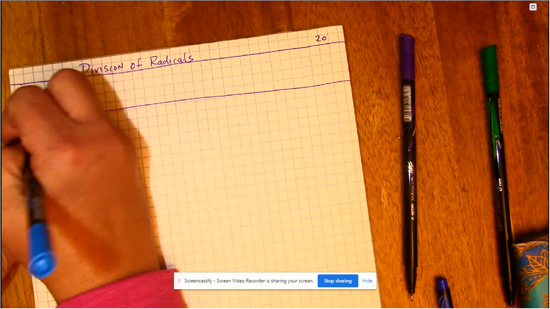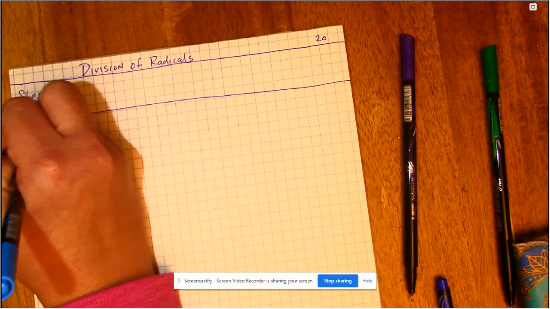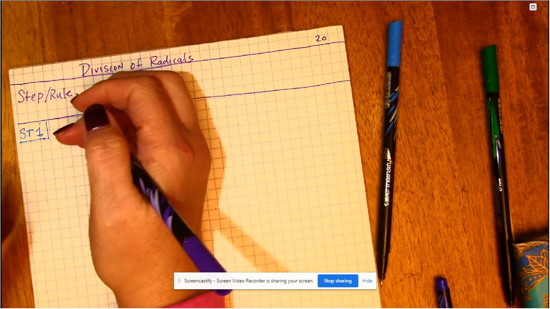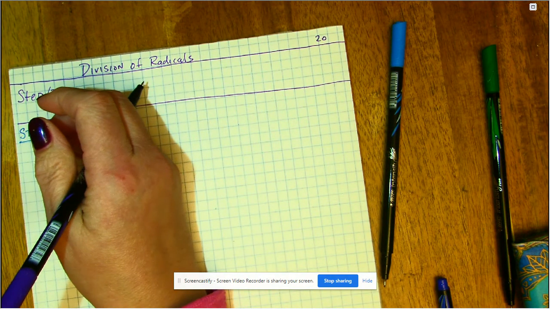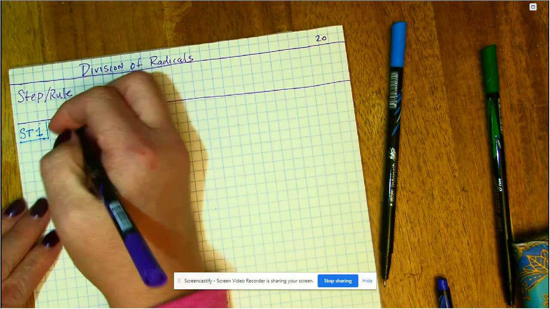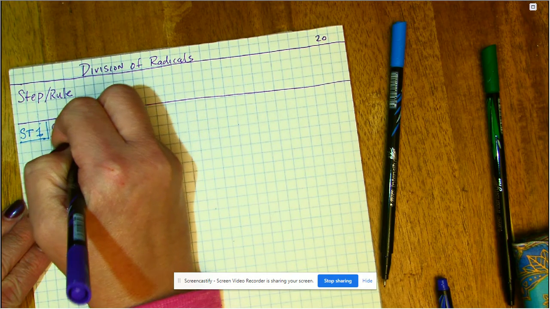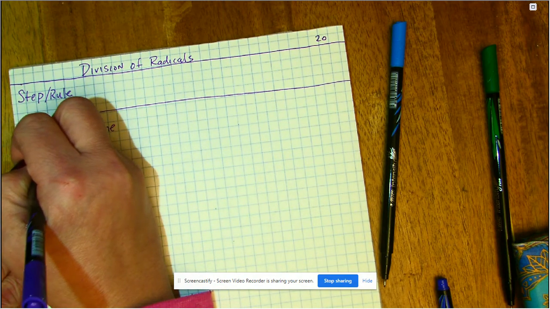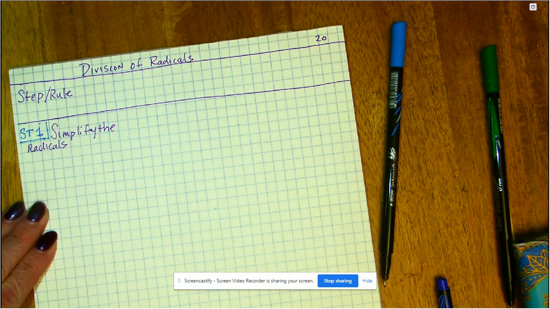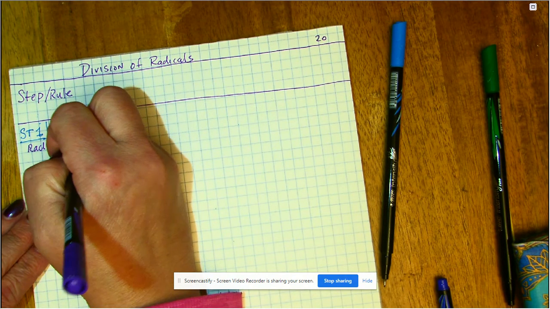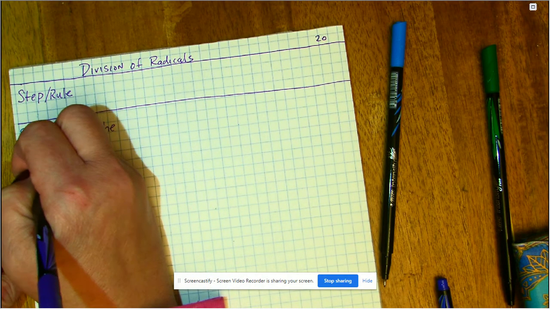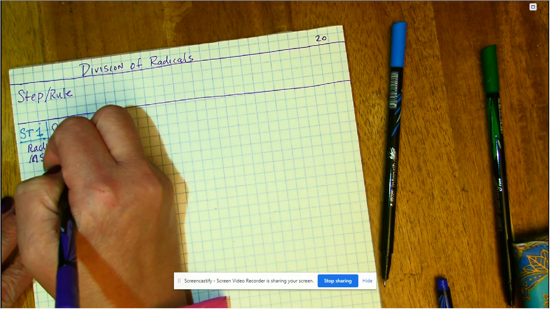So step 1 is going to be the same thing that we saw with multiplication, and that is simplify the radicals, and still leave inside as factors.